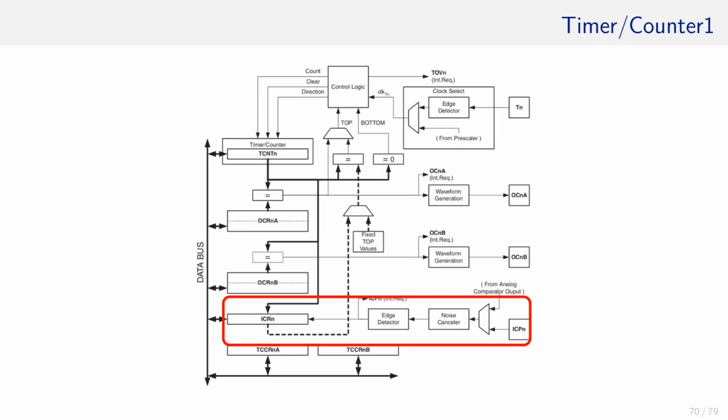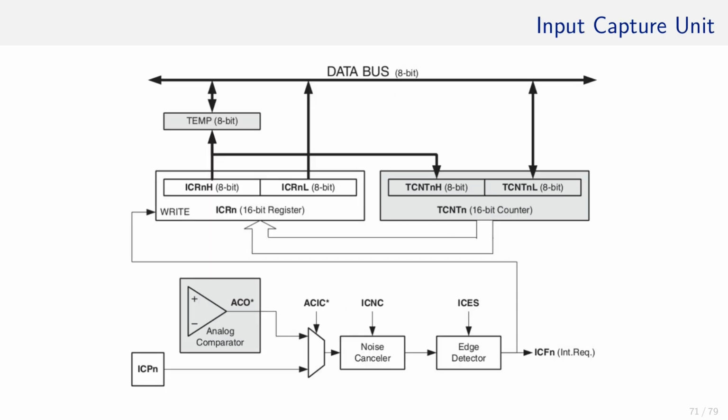Having a look at the block diagram of timer 1, we see that apart from 2 compare units, there is an additional unit called input capture unit with a register ICR and an input pin ICPn. What does this unit do? Magnifying the unit reveals that an input signal comes either from an analog comparator or directly from ICPn.